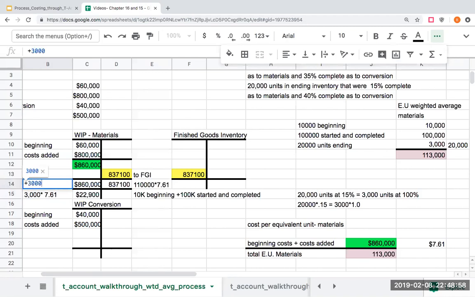If I do that here, I'm getting 22,830. The reason why I'm off is I used a messed up number, and that's why I'm rounding, but it's close enough. So this is what my ending balance is in my work in process materials. Again, when we're using weighted average process costing, we're trying to figure out how we get costs out of work in process materials over to finished goods inventory.